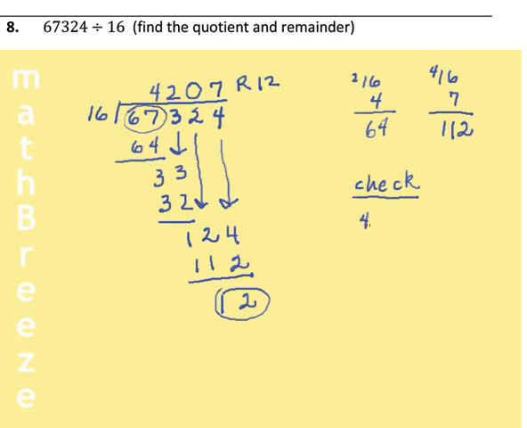Let's multiply. So that's the quotient times the divisor. 6 times 7 is 42. 6 times 0 is 0, and plus 4 is 4. 6 times 2 is 12. 6 times 4 is 24, and 1 is 25.